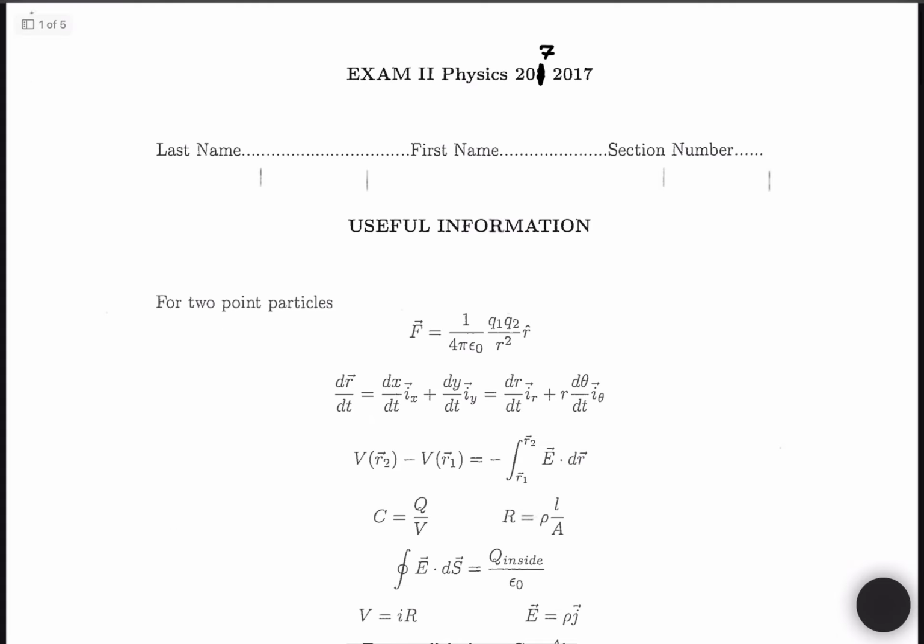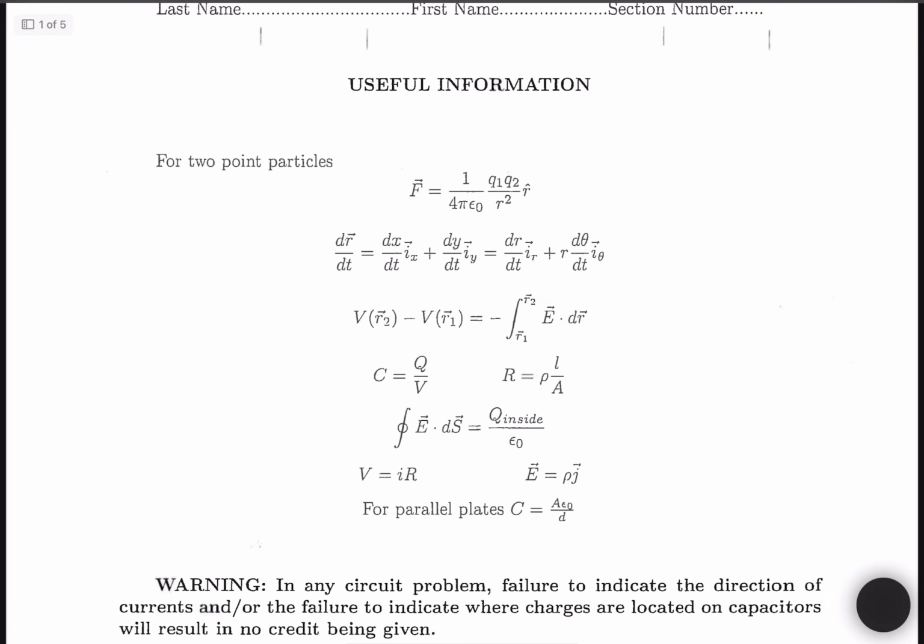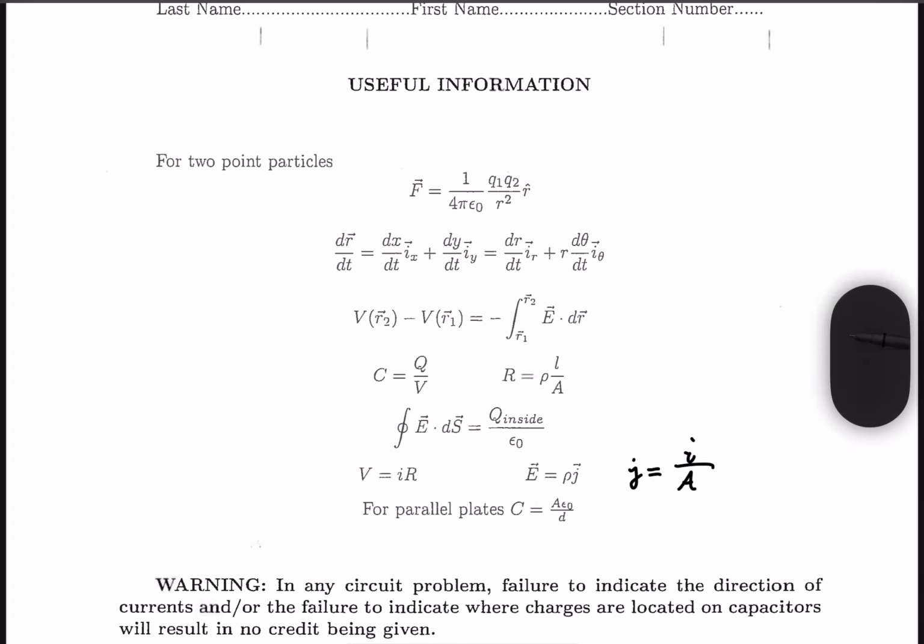So we've got some laws or concepts to look at here first and foremost. All these will probably be important later, but some that I would add: J equals current over cross-sectional area.